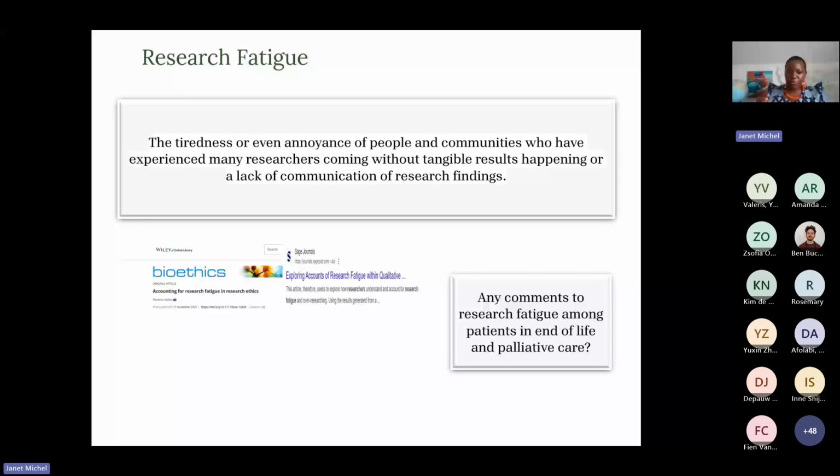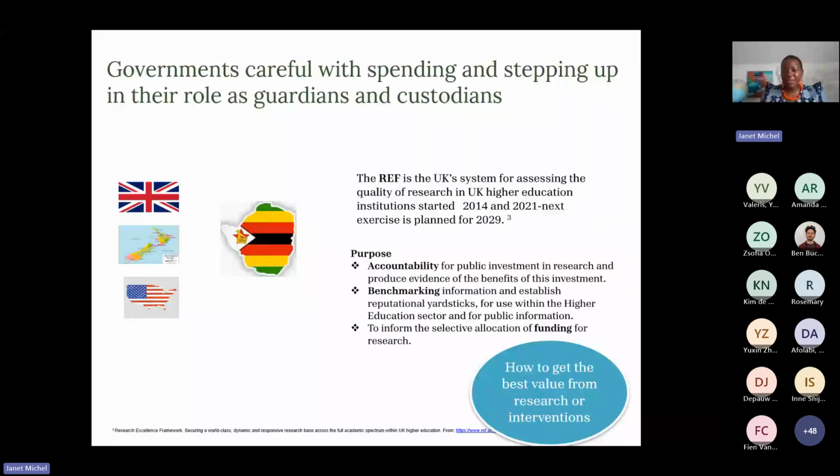This has also to do with governments that are very careful because of the spending, and the resources are getting less and less. For example, the UK, the US, Australia, and also Zimbabwe have come up with this research excellence framework. They are now asking for accountability for money that is spent on research.